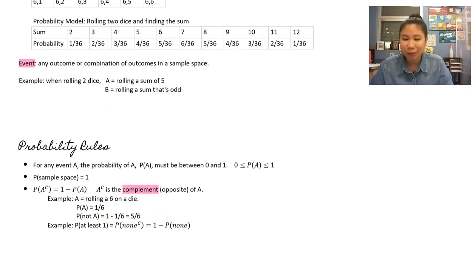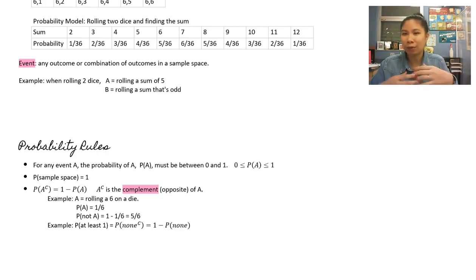Another useful example of this is anytime a question asks for the probability of at least 1 of whatever thing they're talking about. At least 1 just means you want 1 and above, right? Because at least means 1 or more. So really what you don't want is just none.